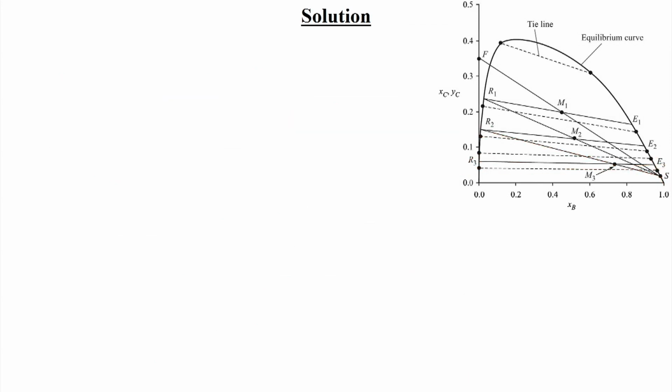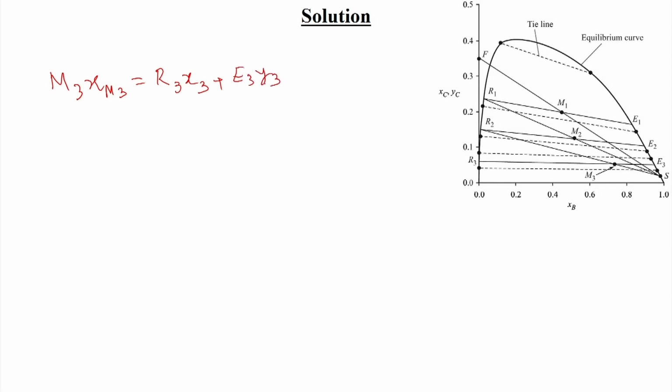Okay. So, we will do the component balance like this: M3 into XM3 is equal to R3 into X3 plus E3 into Y3.